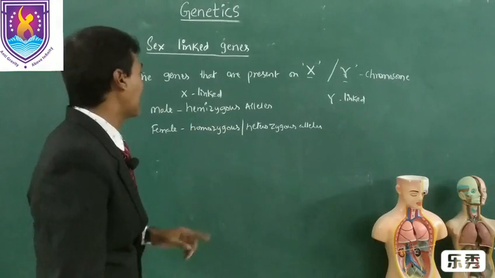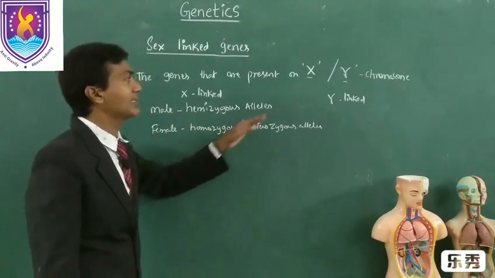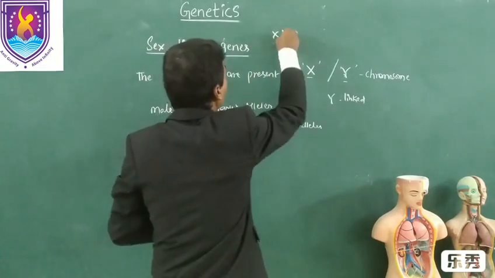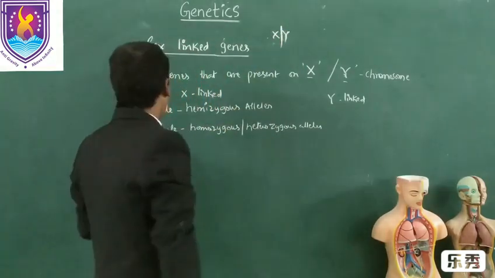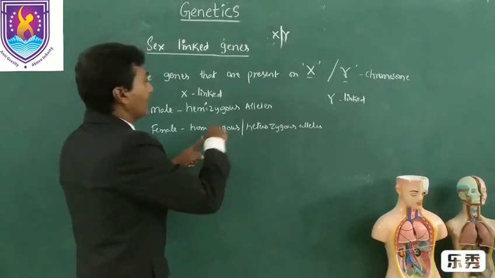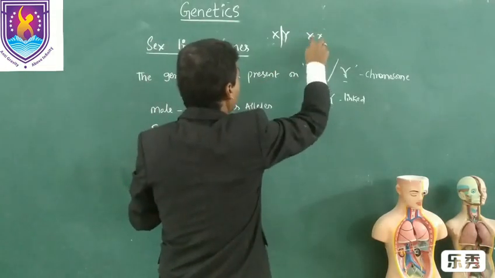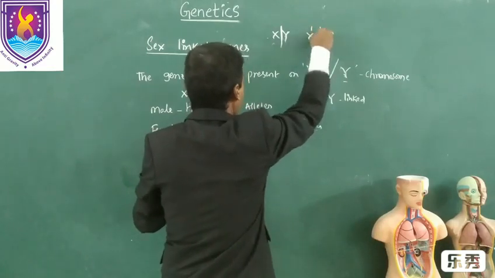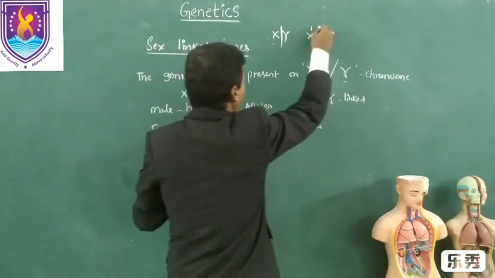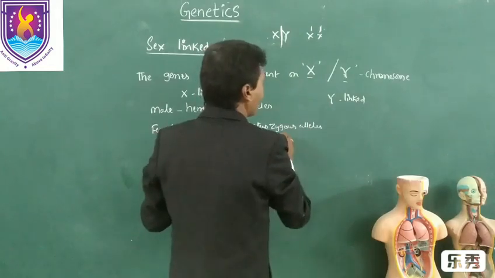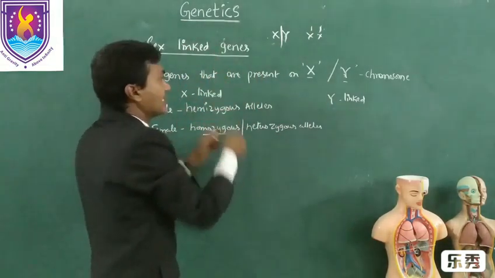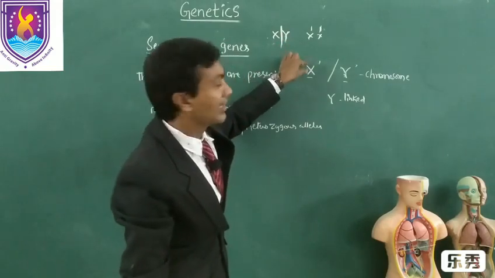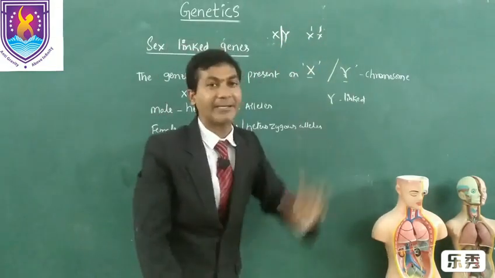Generally, X-linked gene alleles in male are hemizygous, because in male the XY condition is there, so it is always hemizygous only. But in female, the gene is present here, and its allele will be here. It may be the same, homozygous, or may be different, so heterozygous. So X-linked genes means the genes that are present on X and whose allele is absent in Y.